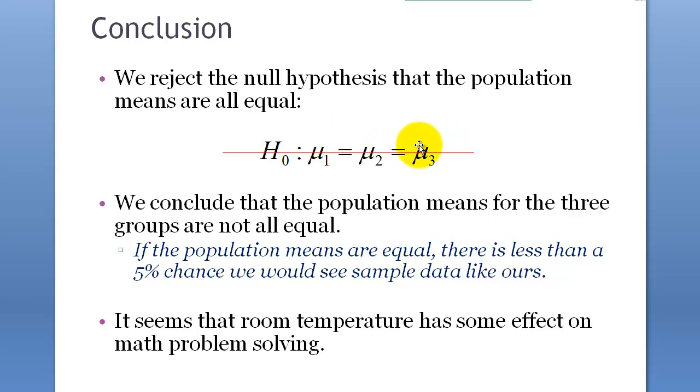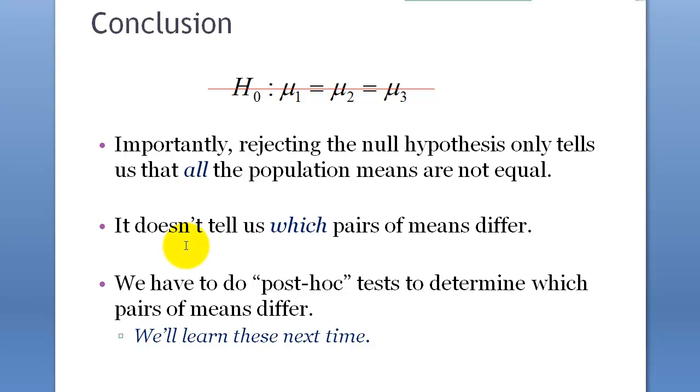We don't know, but there is some difference somewhere. They all could be different, or just one of these could be different. We don't know, but at least there's one difference somewhere. It could be 3 differences, because it doesn't tell us which pairs of means differ, so we have to do a post hoc test to determine which pairs of means differ, and that's the next topic.